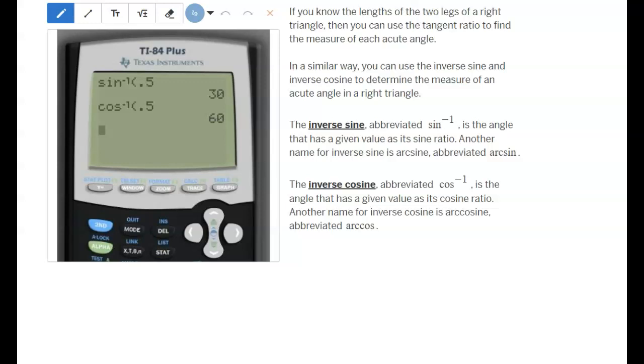The inverse sine is abbreviated sine -1. This is the angle that has a given value as its sine ratio. Another name for the inverse of sine, just like tangent, is arc sine, which we can abbreviate as ARC-SIN. The same is true with the inverse of cosine. We can abbreviate that ARC-COS.